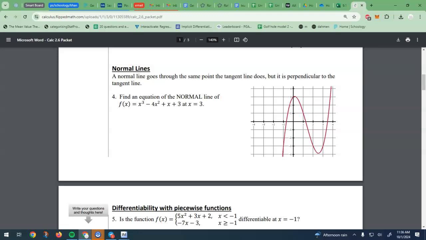So f prime of x is 3x squared minus 8x plus 1. And I'm going to plug 3 in there. I'm not going to write that down. So this will be 3 times 3 squared is 27. So this should be 4.